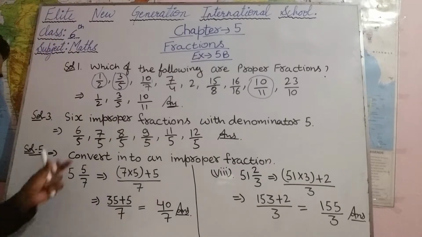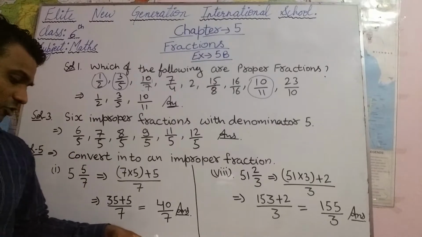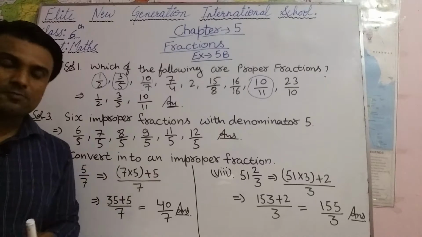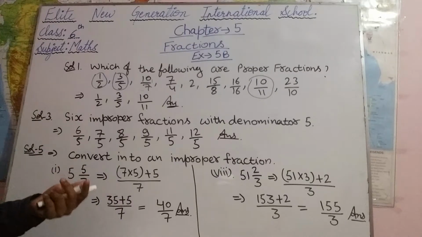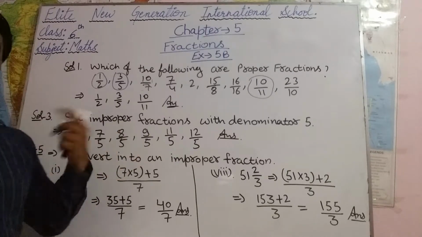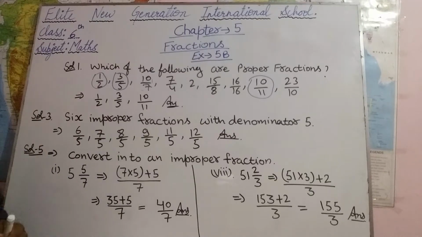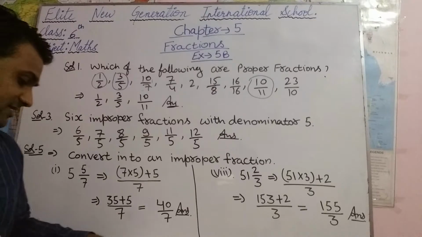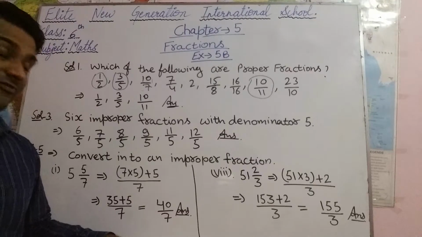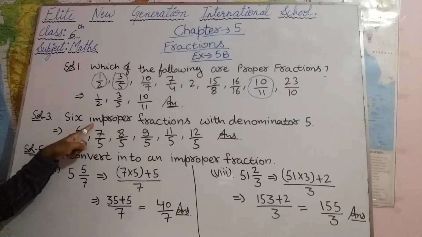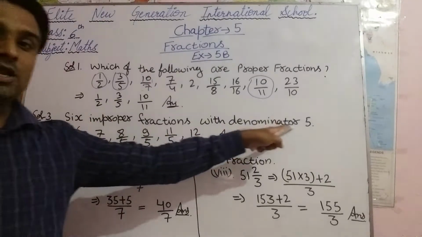Now similarly, question number 2, you can try yourself: which of the following are improper fractions. In question number 2 you have to select improper fractions, and in an improper fraction the numerator will be greater than the denominator. Now after this, see question number 3. In question number 3 we have to write 6 improper fractions with denominator 5. So we have to write any improper fractions which have denominator 5.